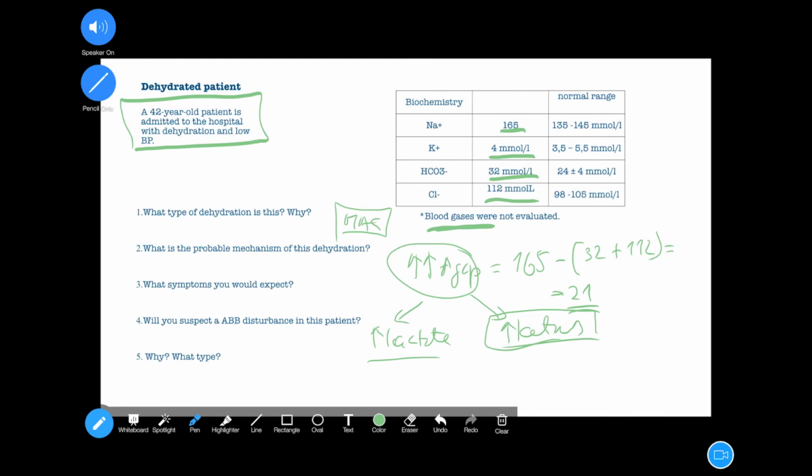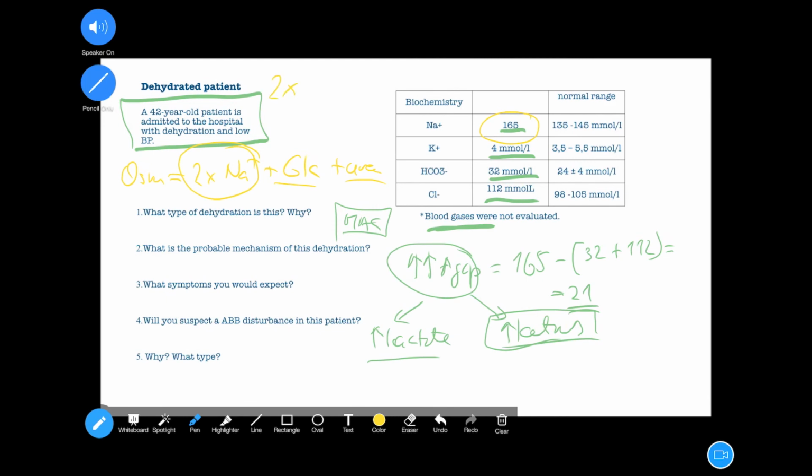And we don't know the glycemia, but there's one hint you should understand from today, and that is sodium. Because as I told you in the lecture on osmolarity, typically osmolarity is 2 times sodium plus glucose plus urea. You don't have urea or glucose over here, but you have sodium.